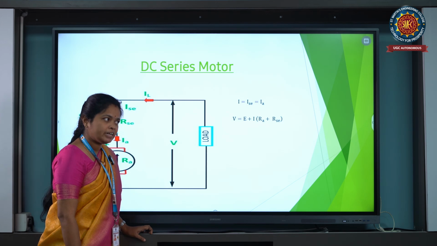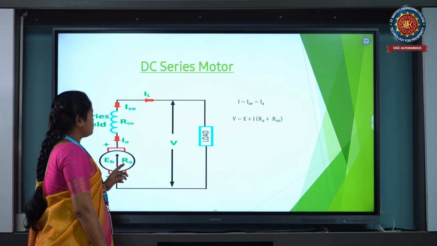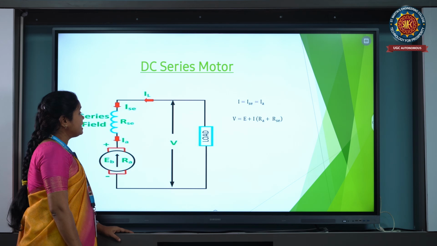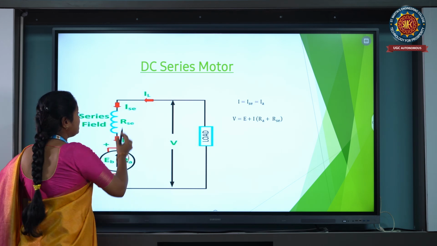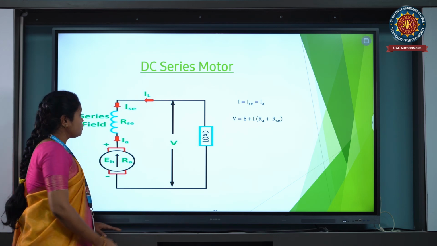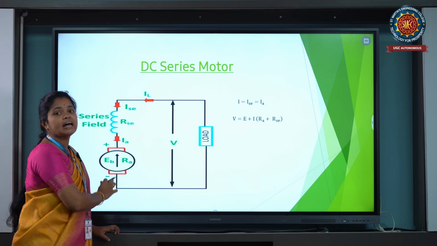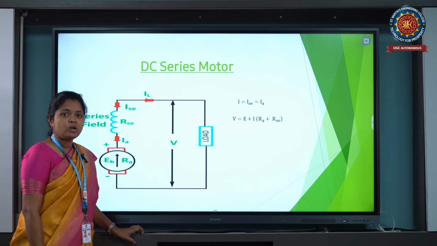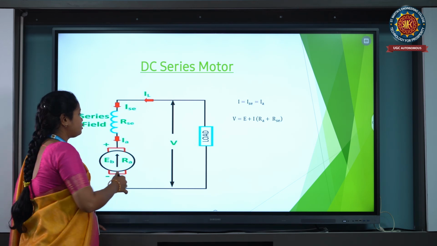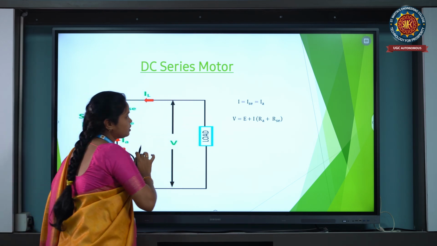This is also one type of self-excited machine or motor. The main difference between the shunt motor and the series motor is that in the series motor the field winding is connected in series with the armature. So the current flowing through the field winding and the armature is the same, because in a series connection the current is the same.